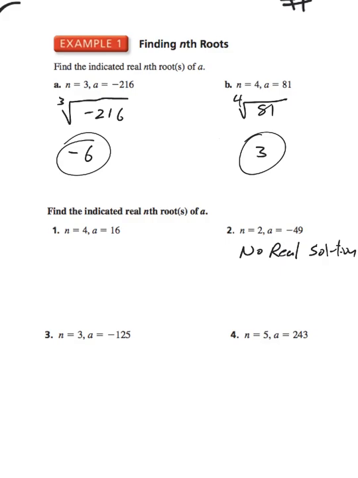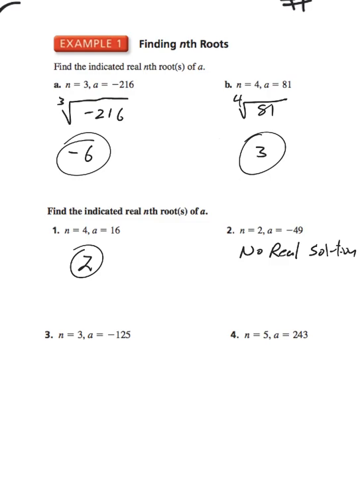For number 1, we're looking at the fourth root of 16. At this point, it's probably becoming clear that that's going to be 2. Again, number 2, there's a violation. It's an even root. We cannot take the even root of a negative number. We can only take the odd root of a negative number.